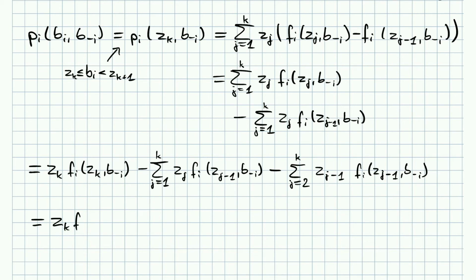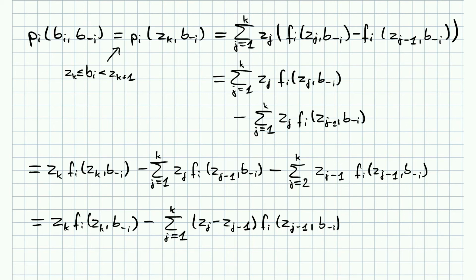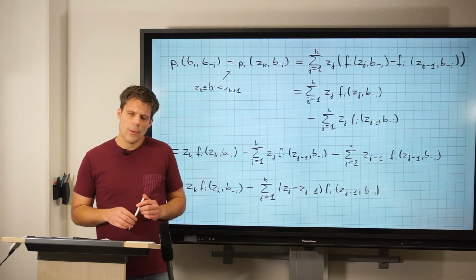Now we have this is zk times f of zk minus the sum from 1 through k of zj minus zj minus 1 times fi of zj minus 1 comma b minus I. And this is equal to the integral statement in the lemma statement.